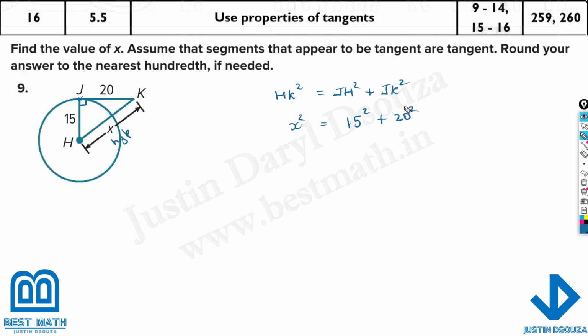Technically, if you write the formula, the substitution, and then the answer directly, you should get full marks. Why? Because you have written the formula and the substitution, and you can use your calculator to get the answer. But here I'm going to do one more step. I'll take the square root and write x equals the square root of 15 squared plus 20 squared.